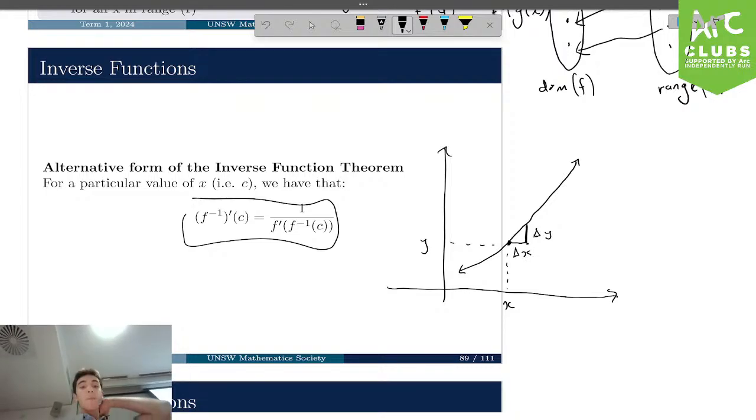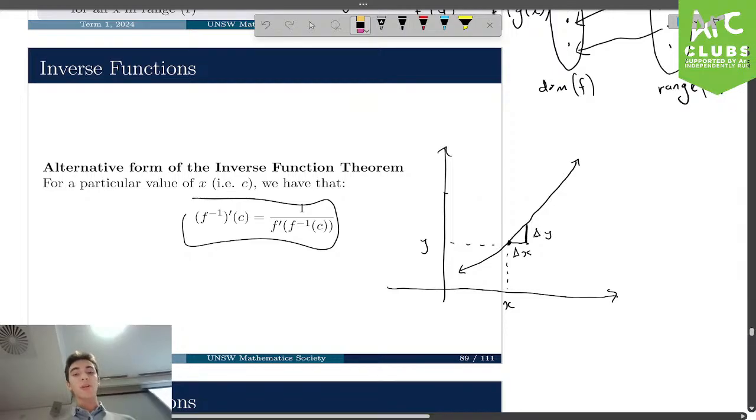Okay, but the derivative of the inverse function, which maps an output to an input, asks the opposite, right? It asks, what little change in x do I get per little change in y? And the answer would actually be the same, because you bump y in this direction, then your x would actually move the same amount.